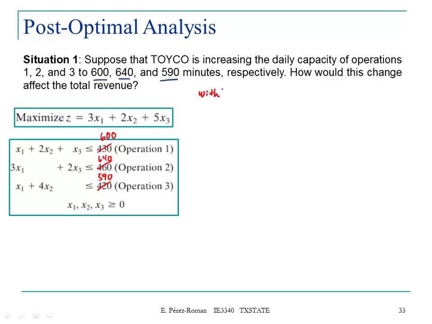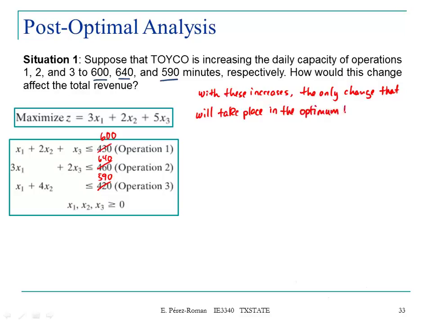With these increases, the only change that will take place in the optimum tableau is the right-hand side of the constraints.